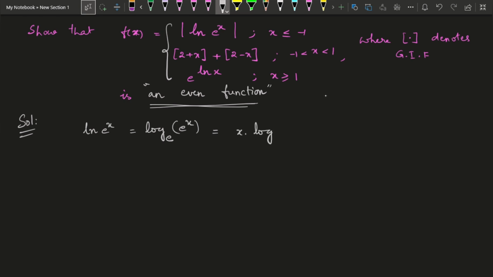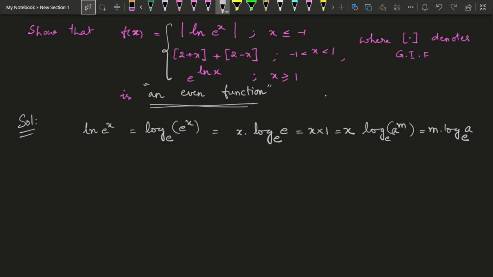What is the formula for it? m times log a to the base e. So here it is x times log e to the base e. What is the value of log e to the base e? 1. Hence ln of e power x value is x.